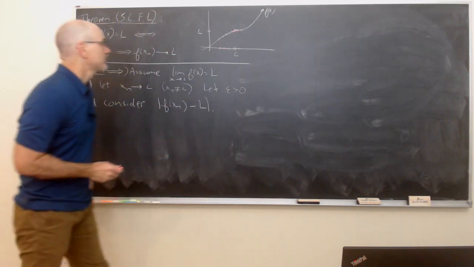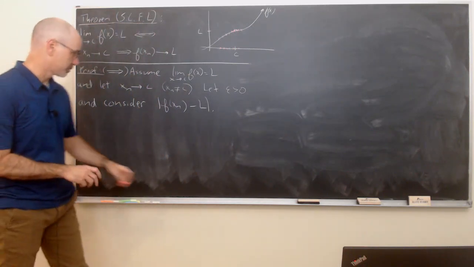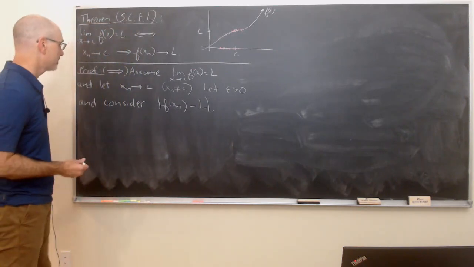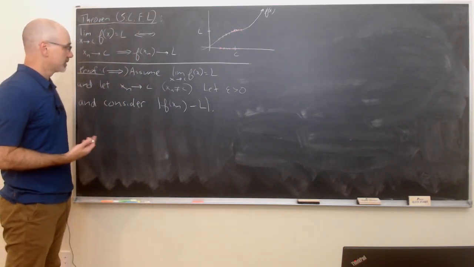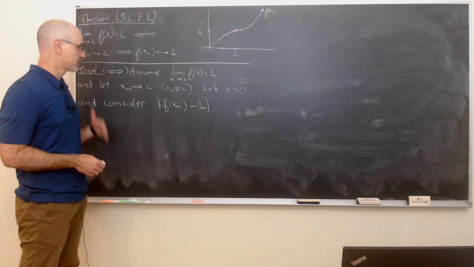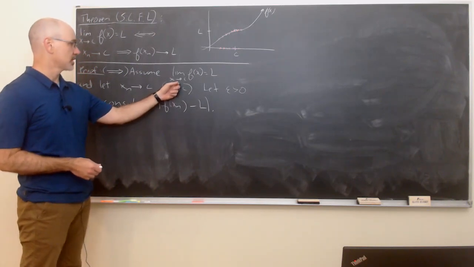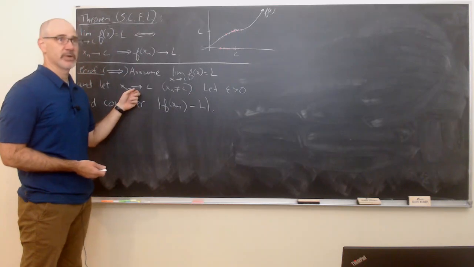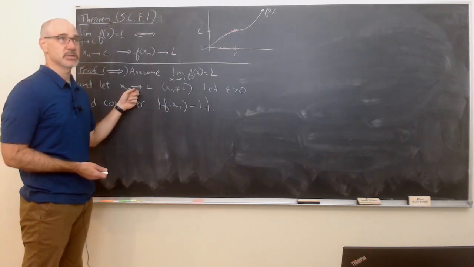All right, so let's take a look at what the proof is going to be. Similar structure to our previous proofs. We're going to start off just proving the forward direction. So we assume that we have a functional limit, and we want to show that the function values for every sequence converging to c have the same limit.